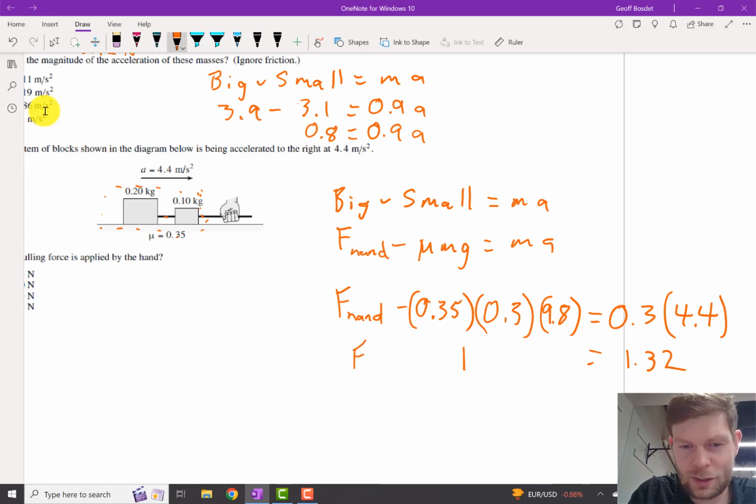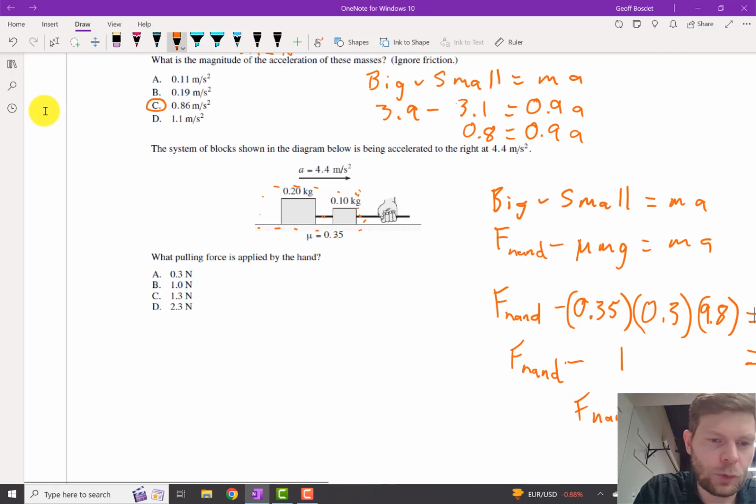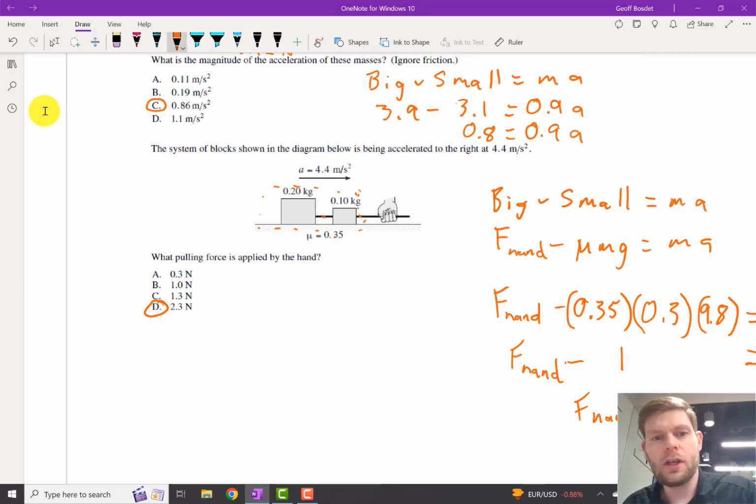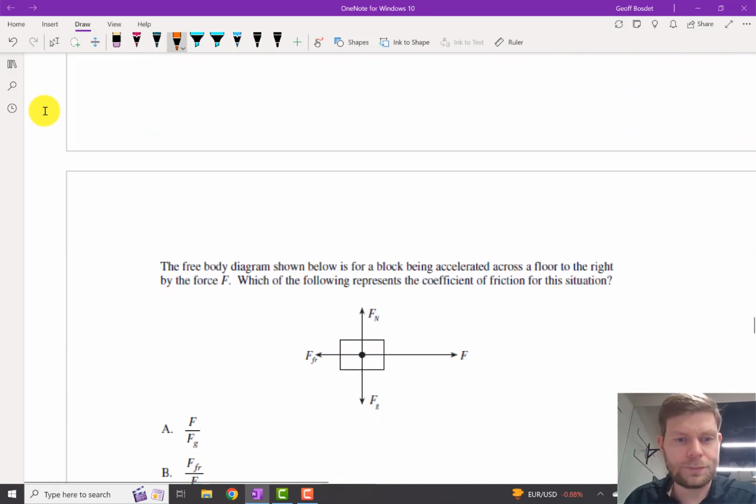So we got F hand minus 1 equals 1.32. So F hand equals 1 plus 1.32, or whatever it is. So it should be about 2.3, which it is. There we are. Moving right along.